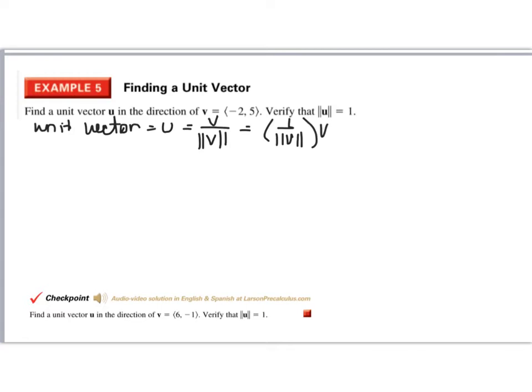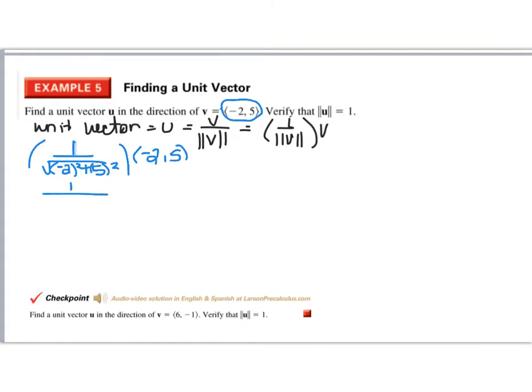So we are going to do V. If we want to do the magnitude of V, we can just go 1 over, and remember magnitude is where we're just finding the distance of this. So the square root of -2 squared plus 5 squared, this whole thing times your actual vector, and our vector is -2, 5.